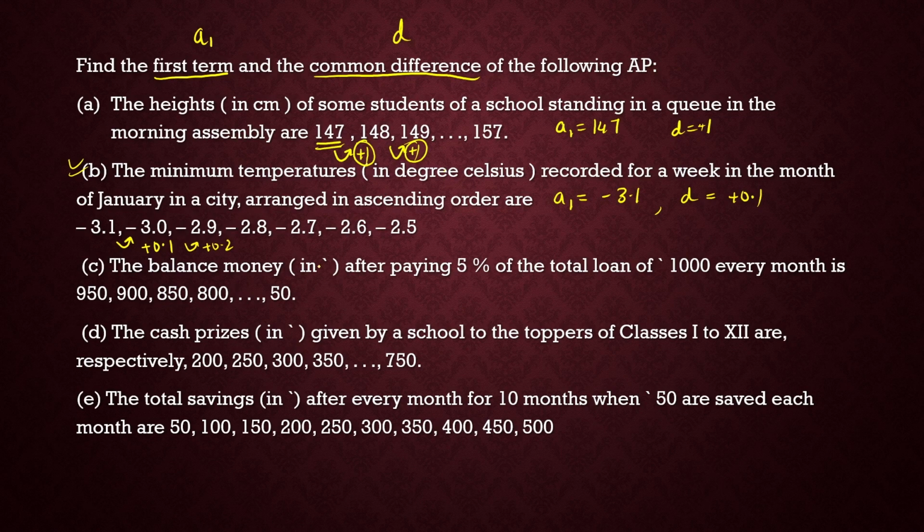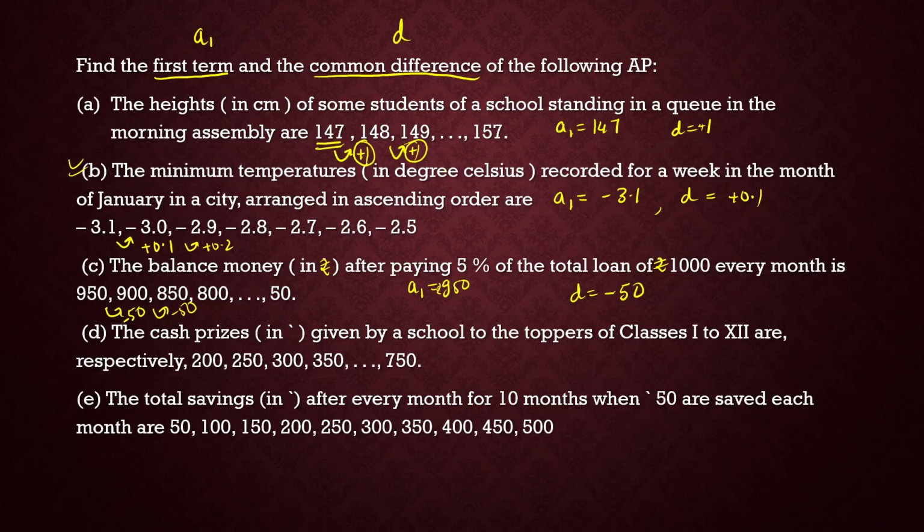Next, the balance money in rupees after paying 5% of a total loan of rupees 1000 every month is given. So this is the balance money. So here obviously the first term is rupees 950. Now here I'm just adding 50, sorry, I'm subtracting 50. So this is the fixed number. So your common difference here is minus 50. Now the next question.